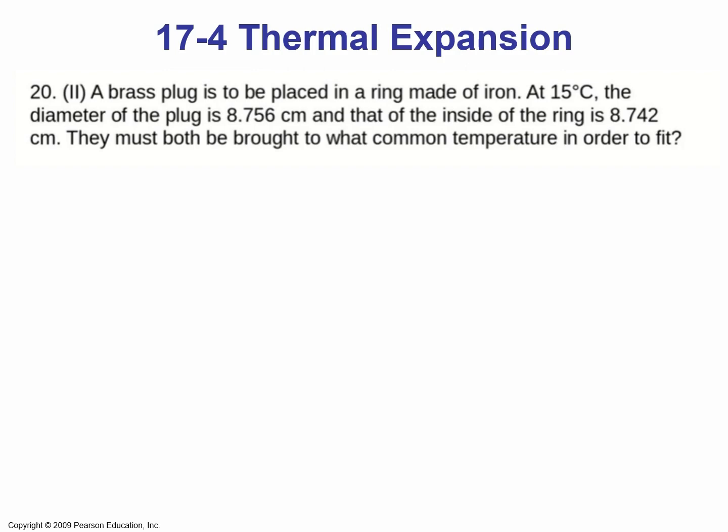So in order to solve this problem, we should extract the coefficient of thermal expansion for brass and iron. We know it from the textbooks and from the literature that alpha for brass is equal to 19 times 10 to the minus 6 per degree Celsius.